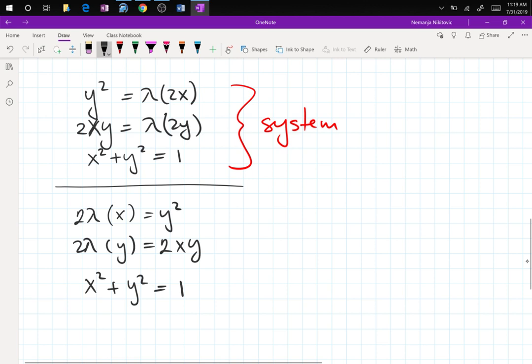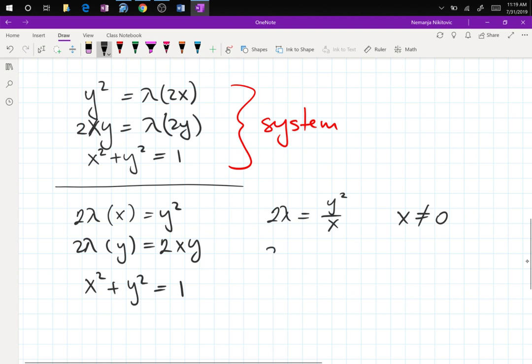If x is a non-zero number, we are all good to go and divide by x. If y is a non-zero number, we're all good to divide by y. So if I write 2 lambda is equal to y squared over x, that just means that x cannot be 0. That's all it means.